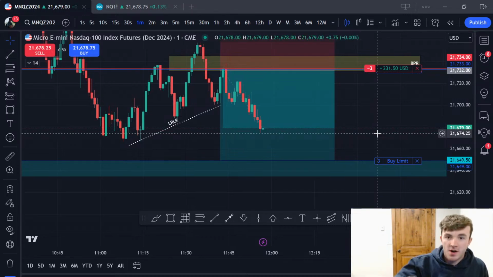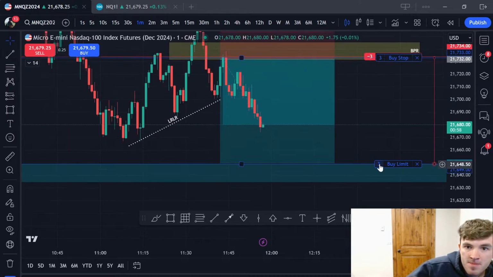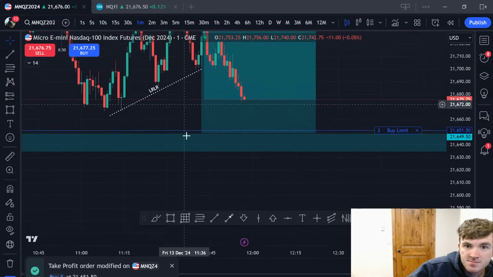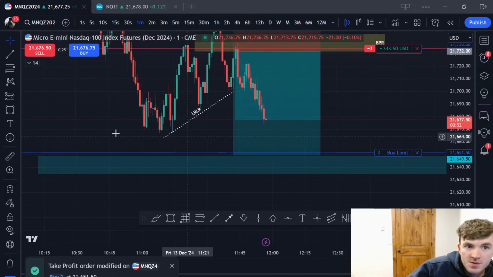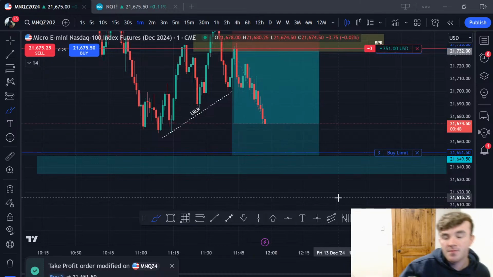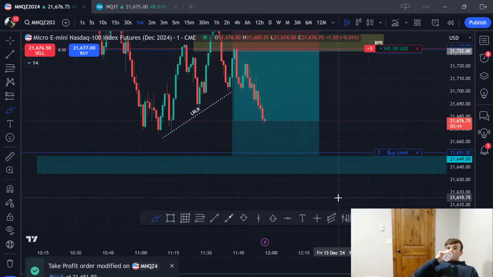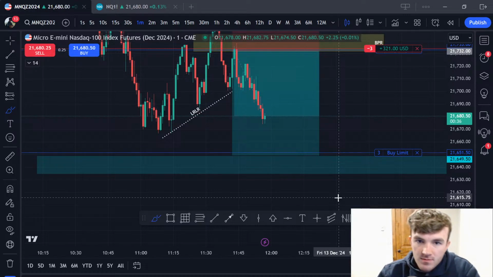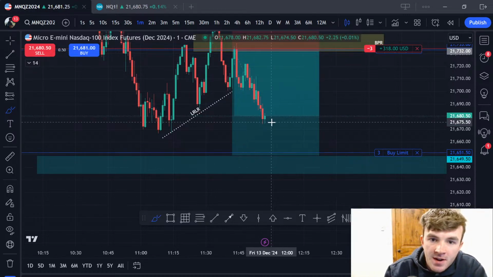So we should be drawn to this new day opening gap here. Let's put the buy limit right there just in case we don't touch it. But we should be drawing here. We still got our lunch macro.